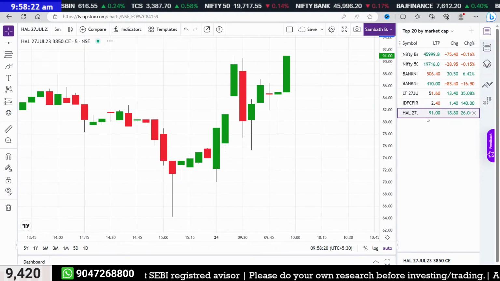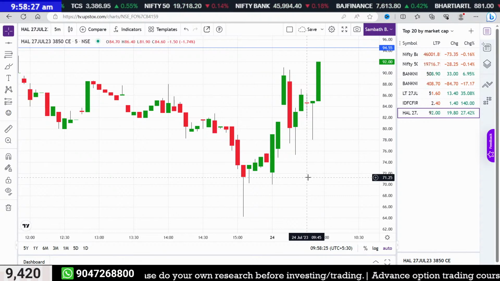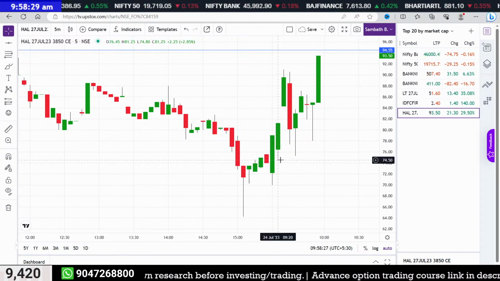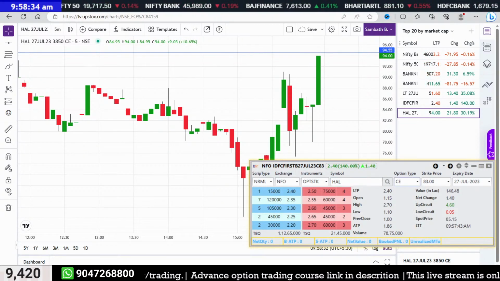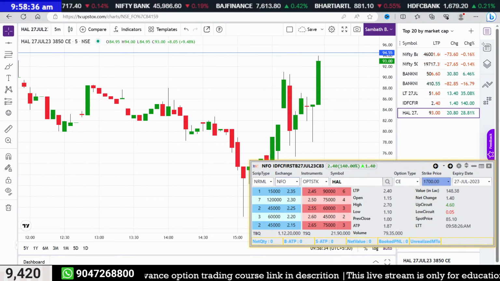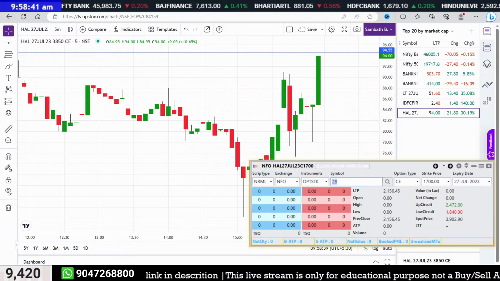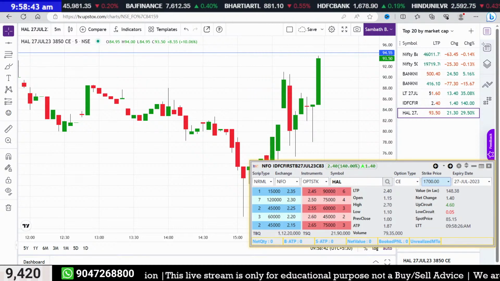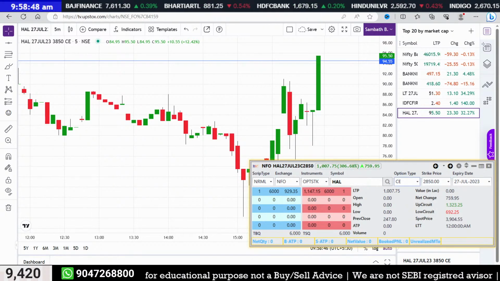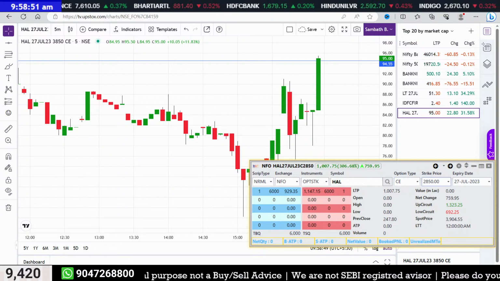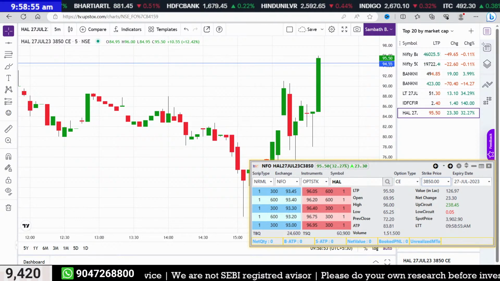Some of the HAL, which is going to trigger 94.5. If it triggers, that is another opportunity we can focus on. And now it is reaching the top. HAL 3850, exactly 94 is what I'm looking for to trigger.